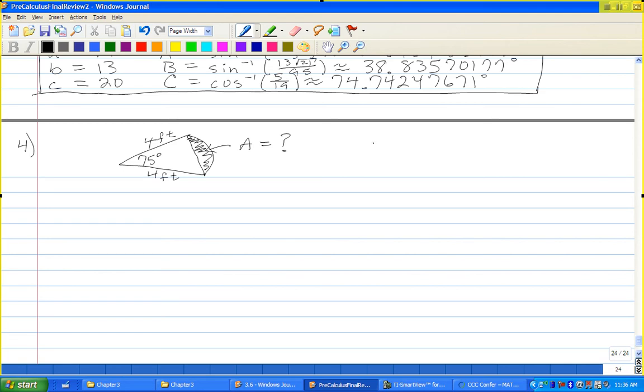So this is, and this is r. And then the area of a triangle is 1/2 AB sine theta.